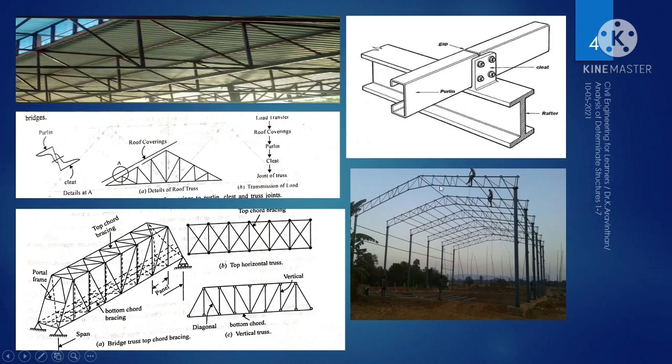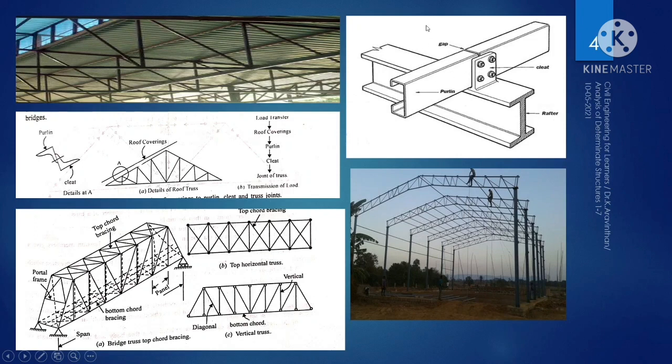You can see the purlin practically here. These are the members known as purlins, and after the sheet you will have this member called purlin, and this is the C type purlin, and these two purlins are connected by the cleat, and this is also a member.